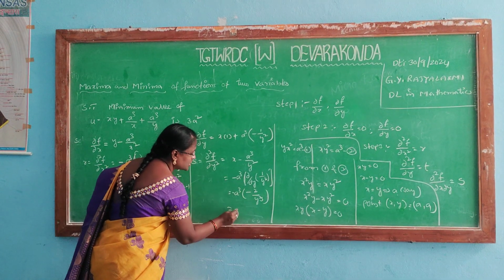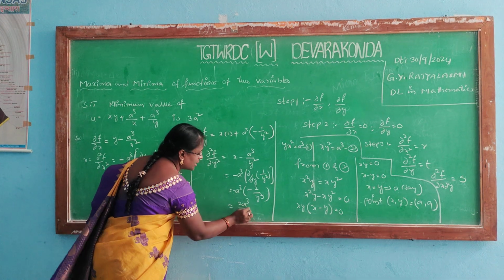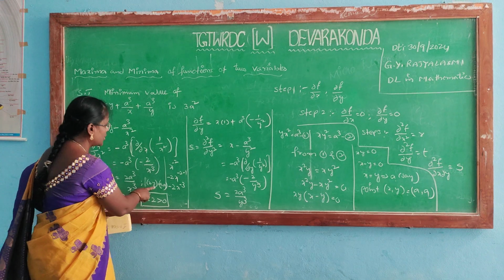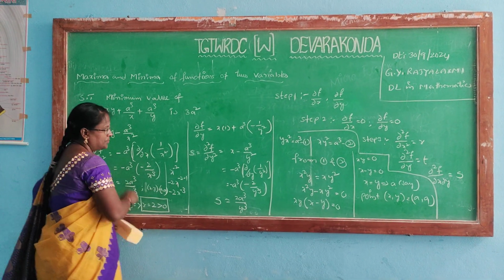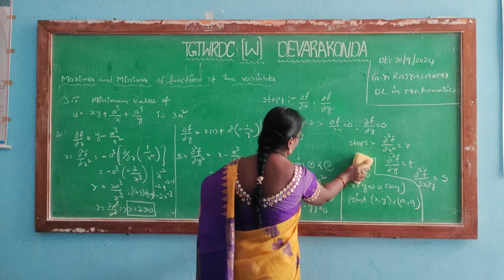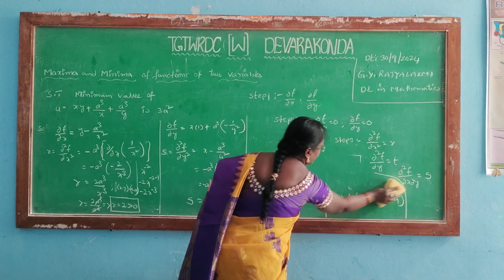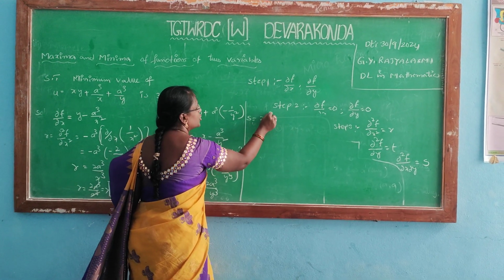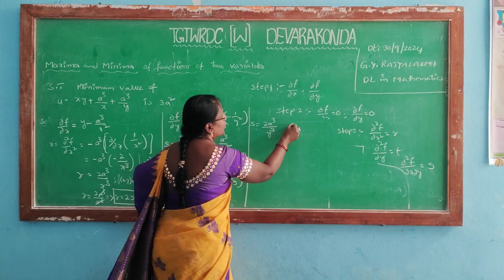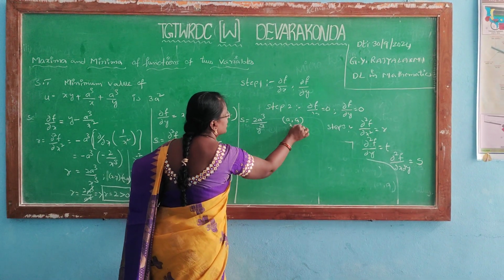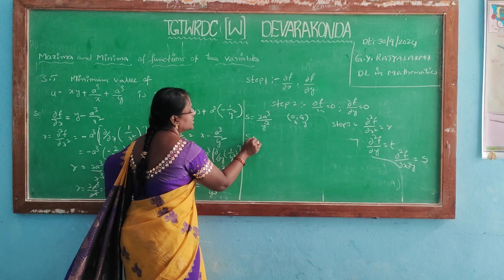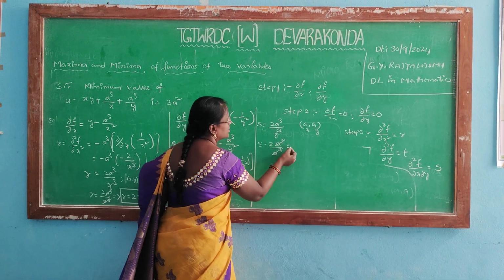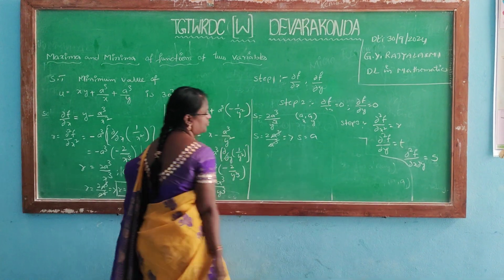So minus into minus is plus, so 2a³ by y³. So this is t. Here also I am substituting the point a comma a, so t equals 2a³ by a³, the a³ cancels. Therefore t equals 2.